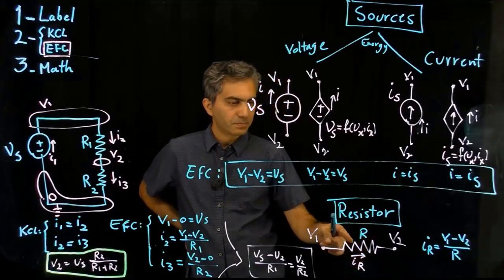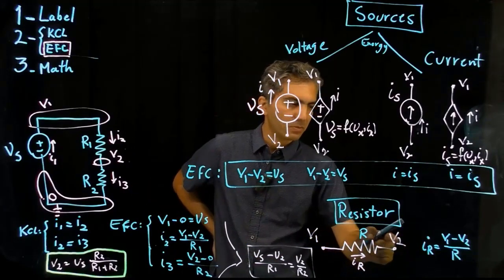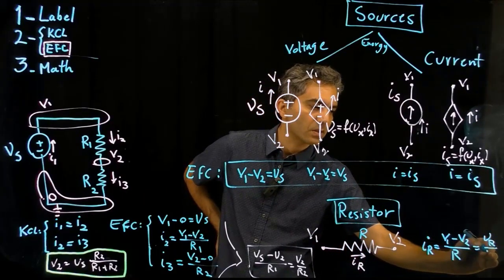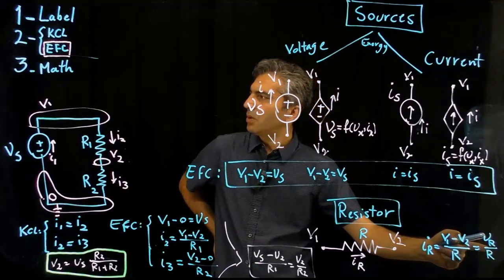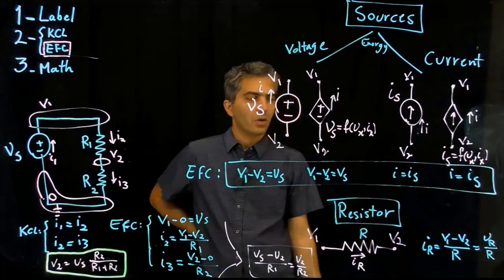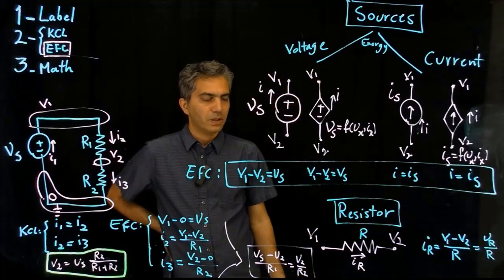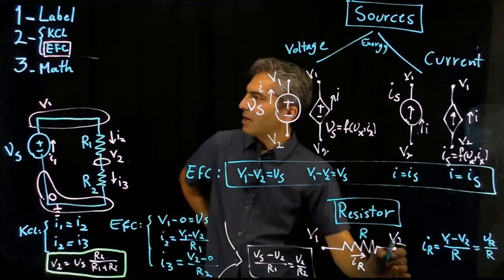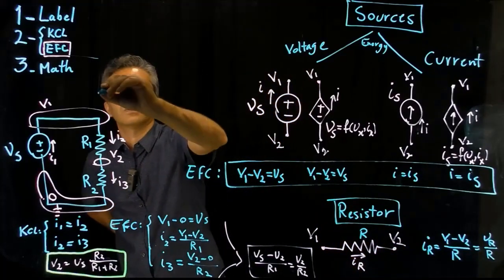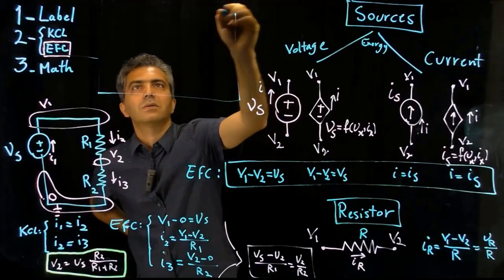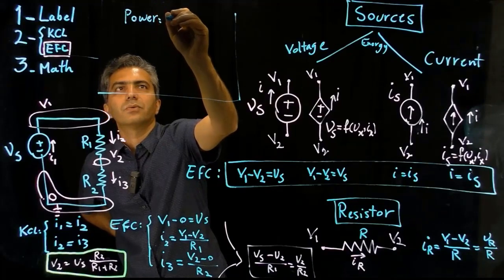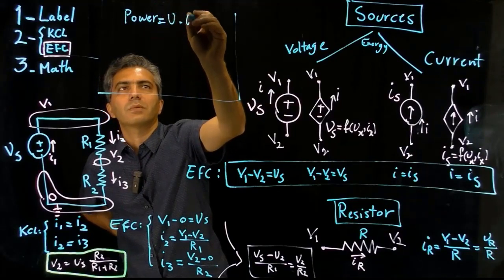If I define V1 minus V2 as VR, the voltage across, then the simple equation VR equal to R times IR, which is Ohm's law, is going to evolve. We know that power in a resistor, in a component generally, is equal to the voltage across the component times the current.